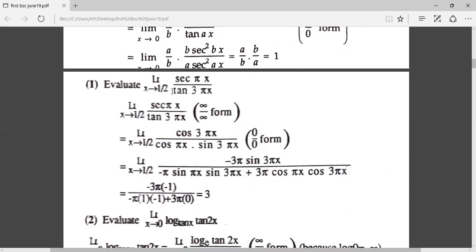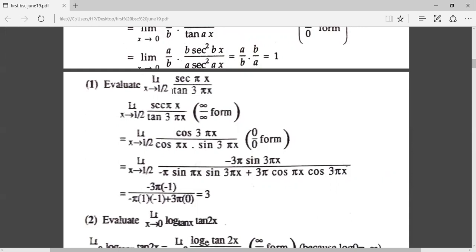Putting x equals half, the numerator is secant pi by 2, which is secant 90 degrees, infinity. In the denominator, tan 3 pi by 2 is tan 270 degrees, that is also infinity. So it is again infinity by infinity form.